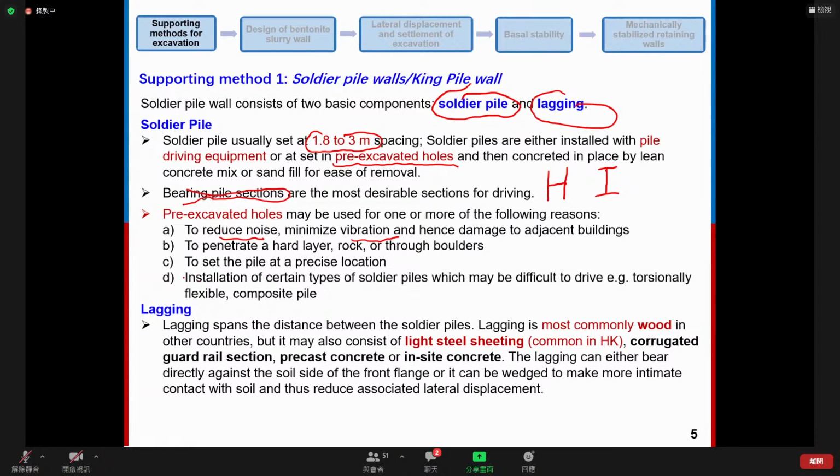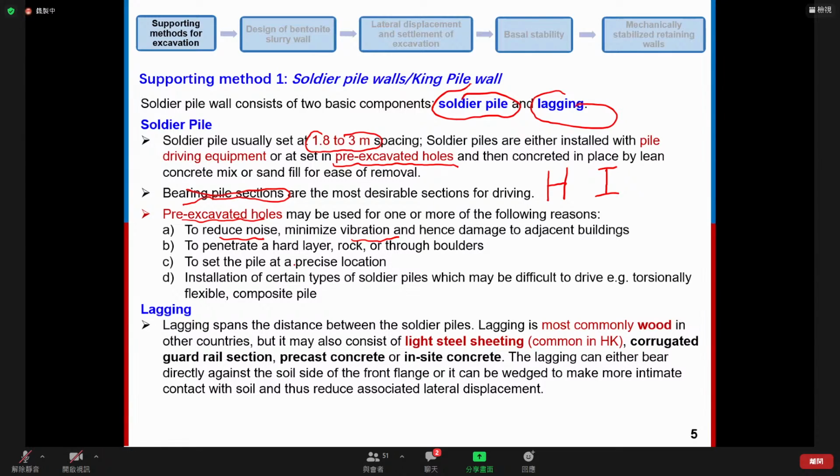And also we try to penetrate a hard layer or penetrate through boulders. We prefer to use this method. And also sometimes we may want to have the pile at a precise location, or for some certain types of soldier piles which are very difficult to drive. For these cases, we will use the pre-excavated method.